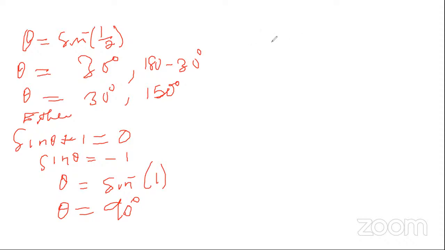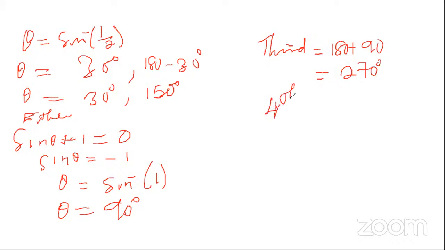Unfortunately, all of them are going to give us the same answer. In the third, we get 180 plus 90, which gives 270. And in the fourth, we get 360 minus 90, still 270.